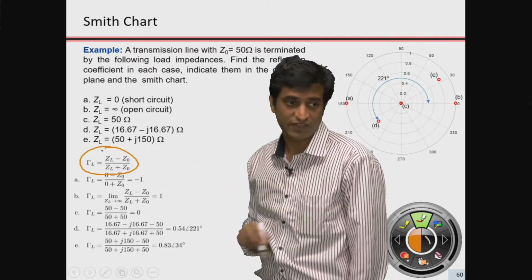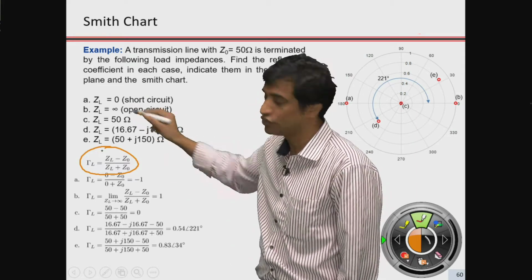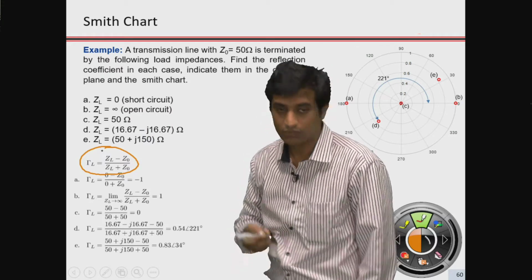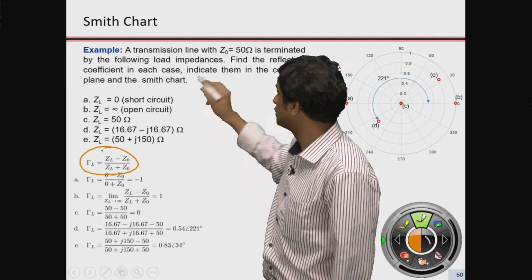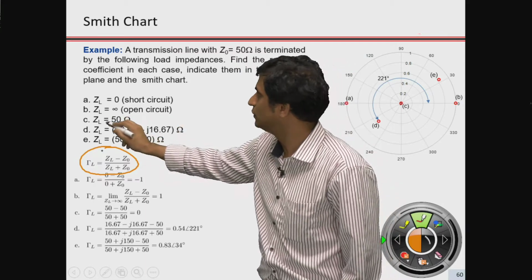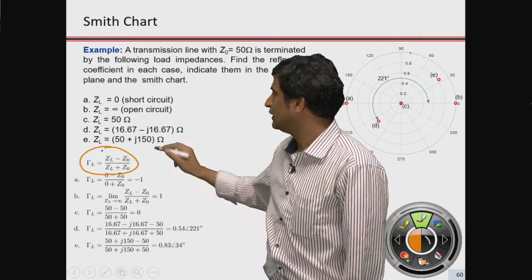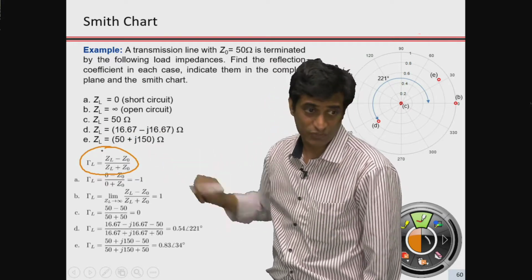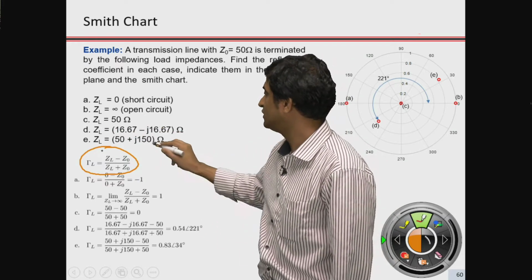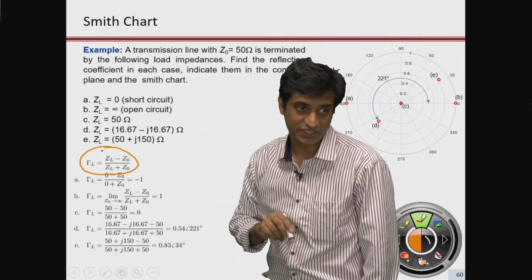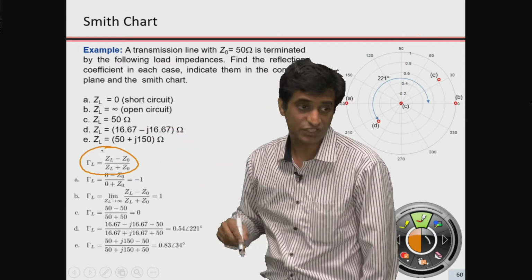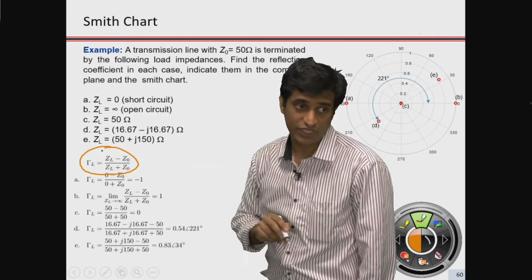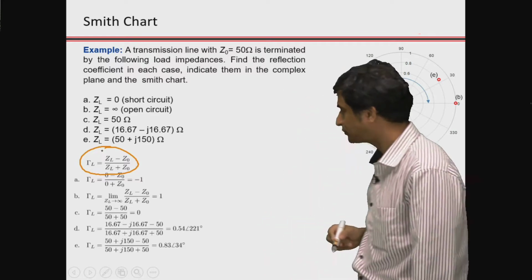The five load impedances we have been given are ZL equal to 0, which represents a short circuit, ZL equal to infinity, which represents an open circuit, and ZL equal to 50 ohms. Since the feed line is also 50 ohms, this load impedance is matched. Then the fourth one is a ZL having 16.67 ohms as the resistance and a reactance of minus 16.67. The minus means it's going to be a capacitive load. The ZL of 50 plus J150 is an inductive load.